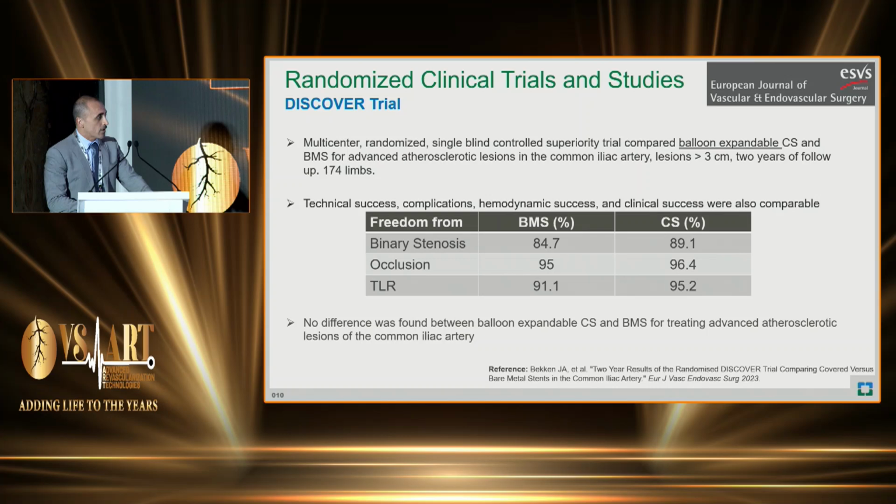However, the DISCOVER trial that was published recently contradicted that a little bit. It showed comparable results when it came to technical success, complications, and hemodynamic success, and it showed no difference in freedom from stenosis, occlusion, or target lesion revascularization.